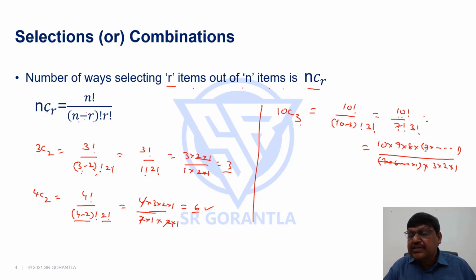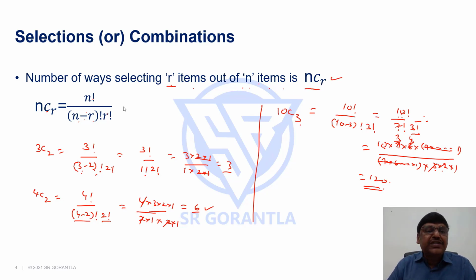That's why I am writing 10 into 9 into 8 by 3 into 2 into 1. You can see 3 3's are 9, 2 4's are 8, 3 4's are 12, 12 10's are 120. Right? This is about selecting R items out of N items, which we call NCR.